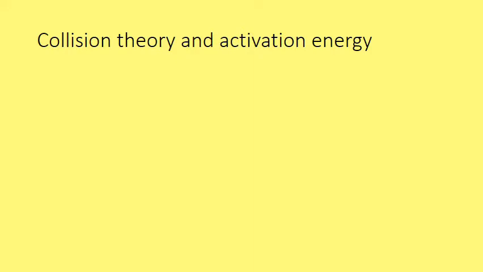Firstly, collision theory, and there's two elements to collision theory. So for a reaction to happen, two particles have to collide, and they need to collide with the correct orientation. So that's the first element of collision theory.